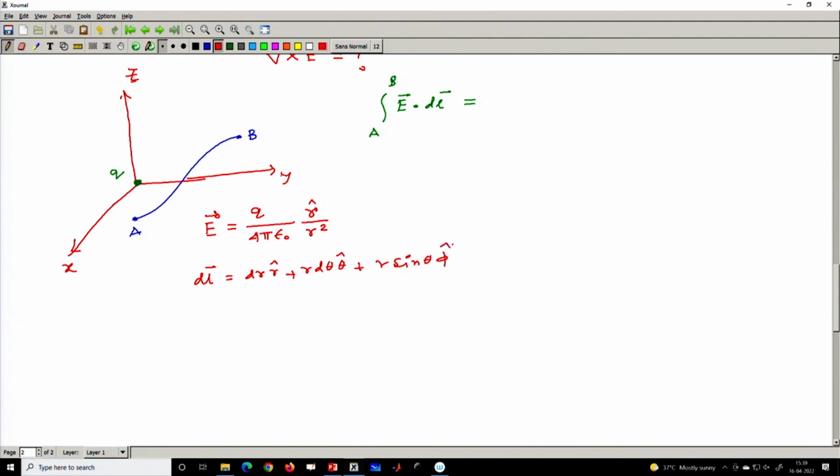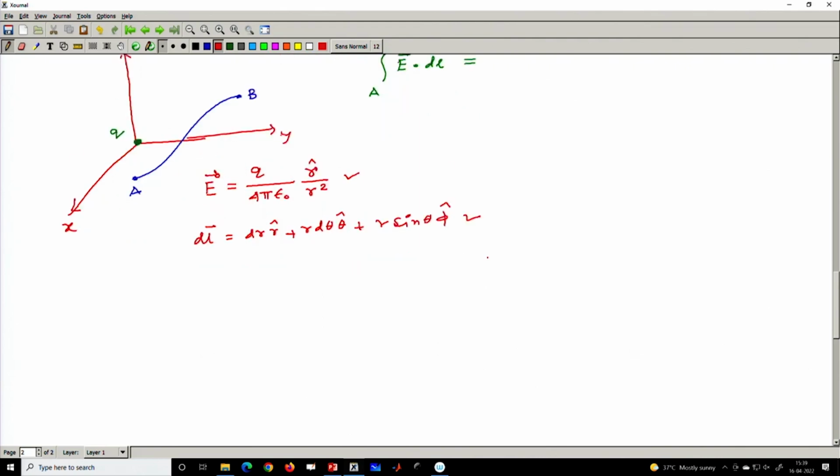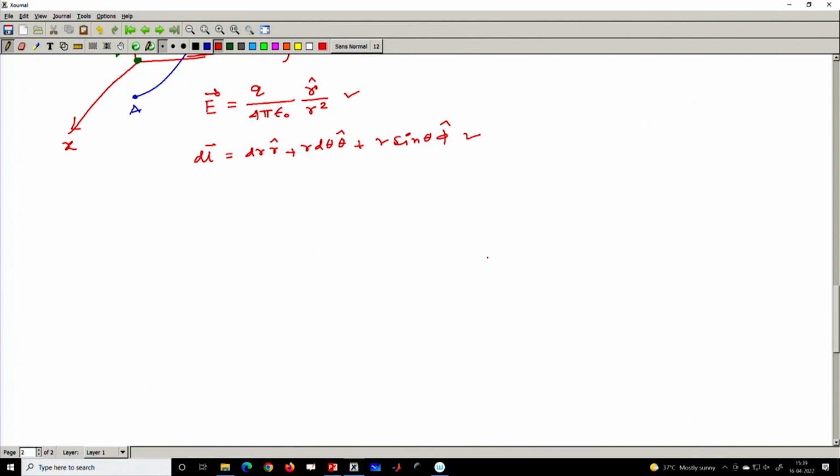Because the vector field is given in spherical polar coordinates, my line element should also be in that coordinate system. So now we are in a position to calculate the integral, because I know explicitly the values of E and dl.